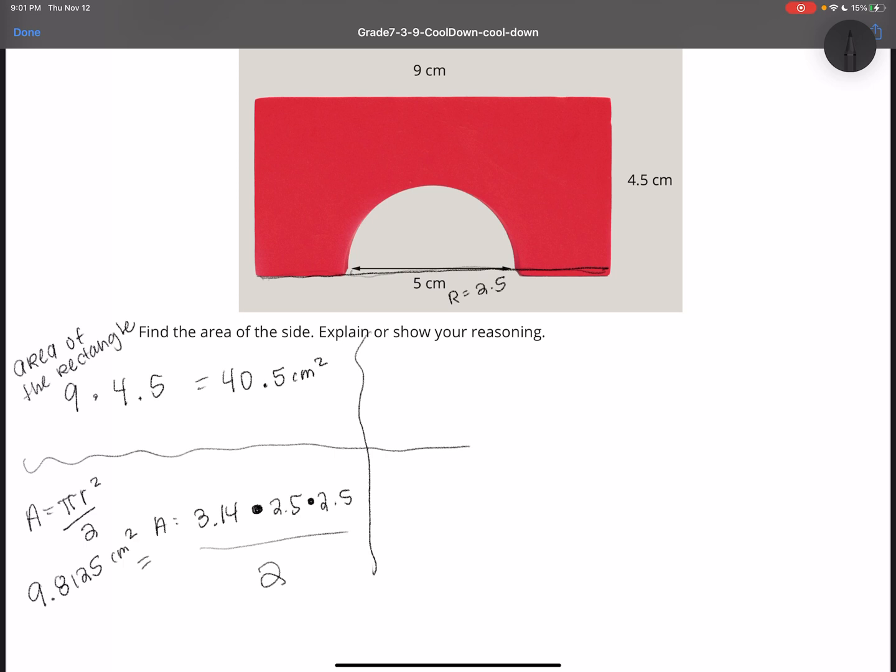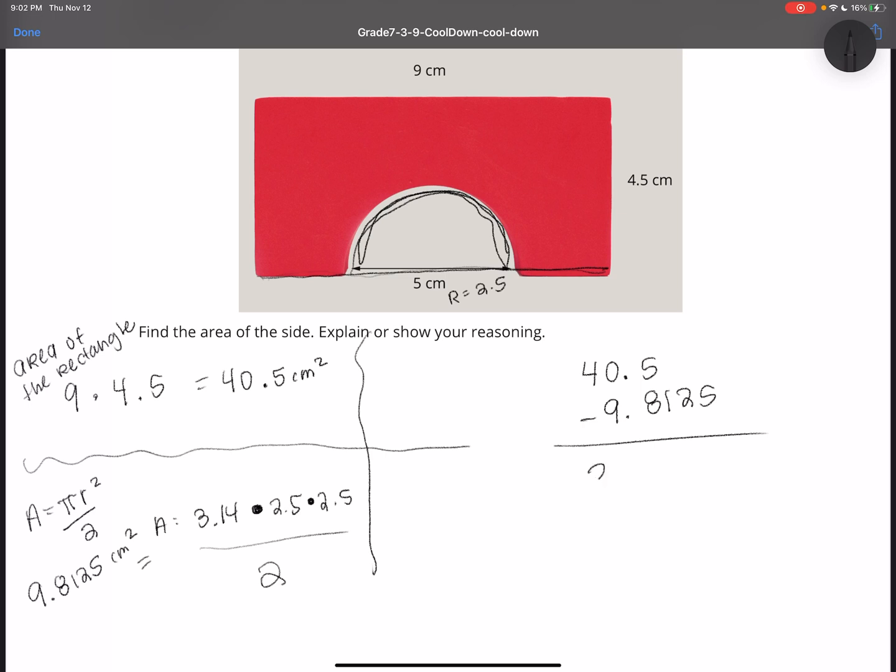So since this piece is missing from the figure, what operation do you think I want to do? Do you think I want to do addition or subtraction? If you guess subtraction, you are absolutely correct. So we're going to subtract 40 5/10 minus 9 and 8,125 10,000ths, so 40.5 minus 9.8125.